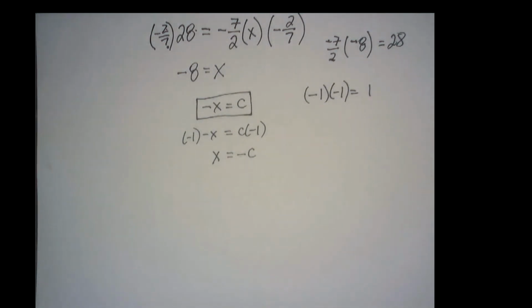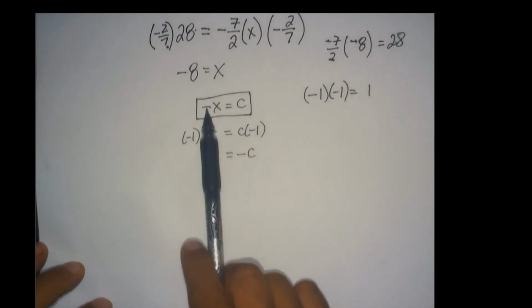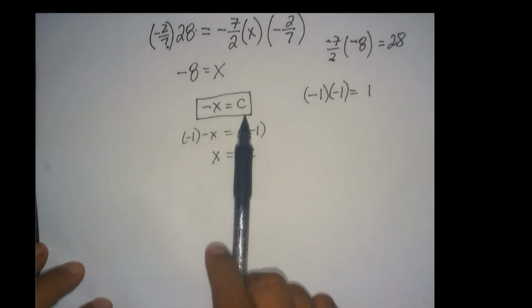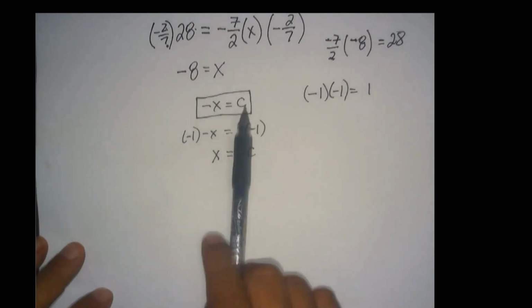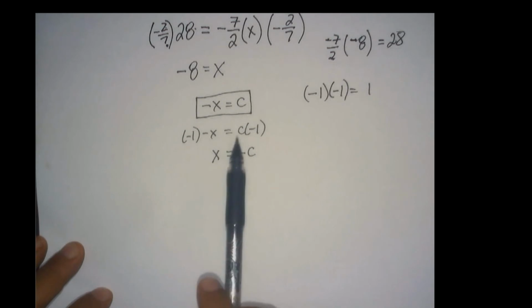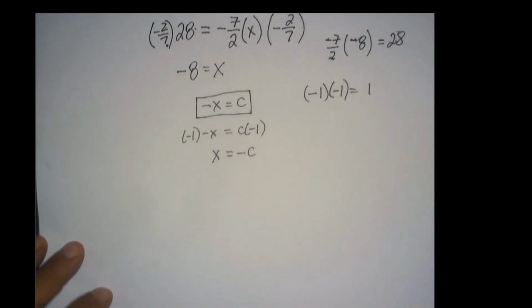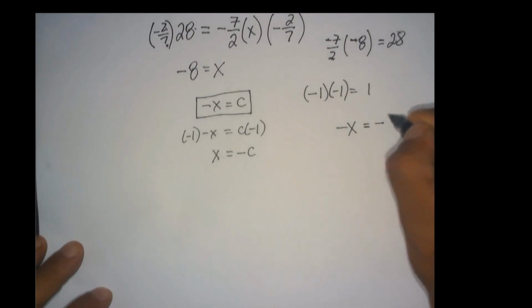I want to say sometimes you just move the negative over, but that's not always the case. If you're in this form, you multiply by negative 1 or divide by negative 1. Either way, it works, because this negative x is the same as negative 1x.